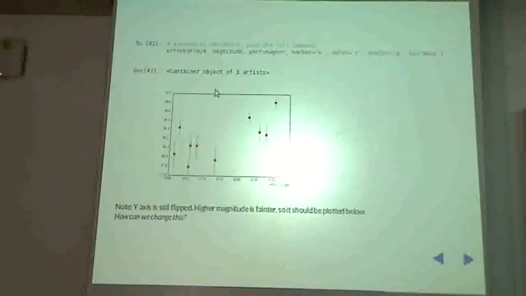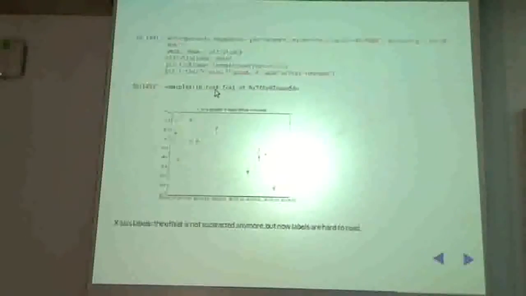Okay, so no line is drawn connecting the points, but all the data points with their respective errors have been plotted. Okay. So how do we now change this ordering? We want this axis to be reversed so that the fainter objects are below and the brighter objects are higher up. Okay.